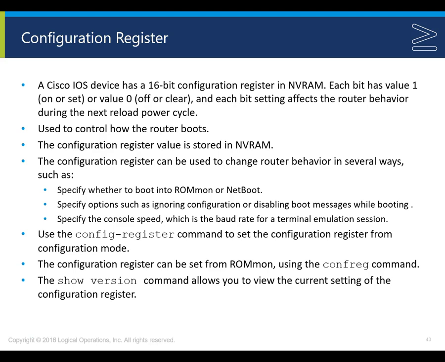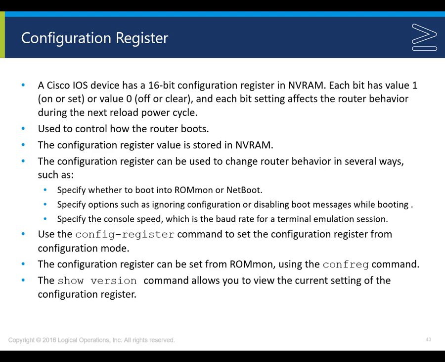The configuration register is a 16-bit configuration file to specify, and there are different, obviously, things that it does. Specify what's where. Is the IOS in flash, or is it at a TFTP server? Is there a startup config file in NVRAM?